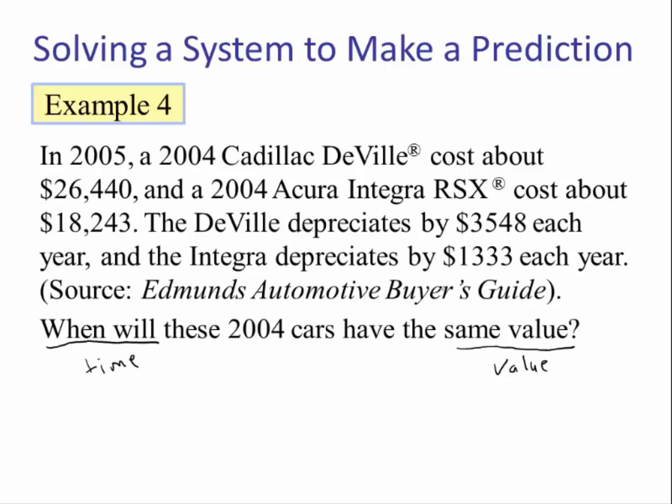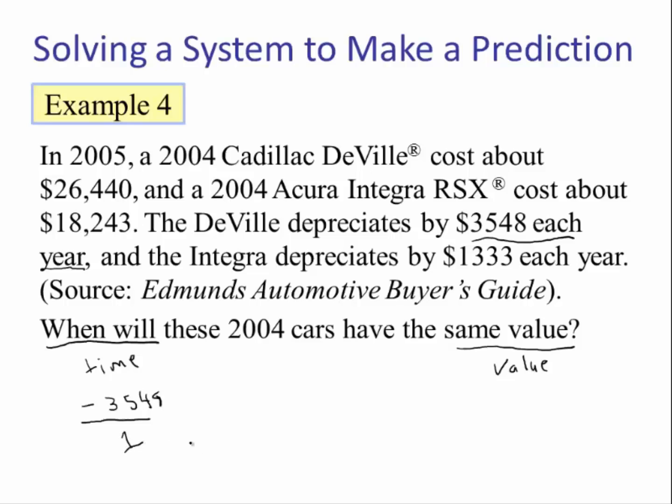Or another way we can think about it is if we look at the information given, it says that the DeVille depreciates, that means gets smaller, by $3,548 each year. Each means division, so it's going to depreciate, which is negative, $3,548 each year.